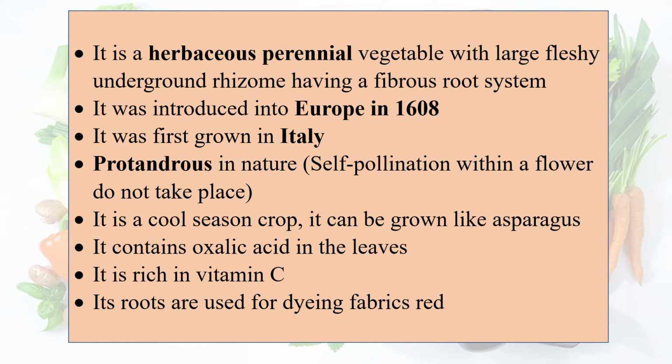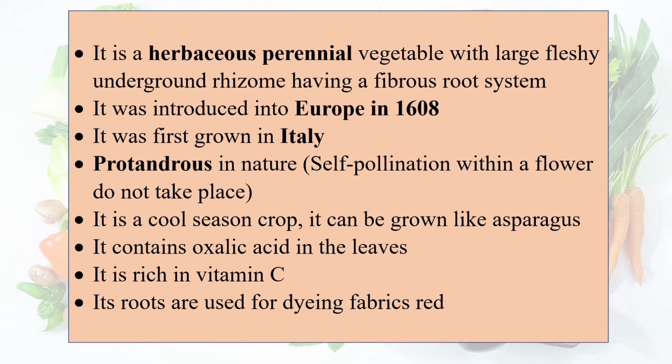This is one point of how self-pollination within a flower does not take place, but it can take place with another flower of the same plant. Suppose one flower is at a lower position, it can become fertile with the upper flower's pollen. Okay, it is a cool season crop.